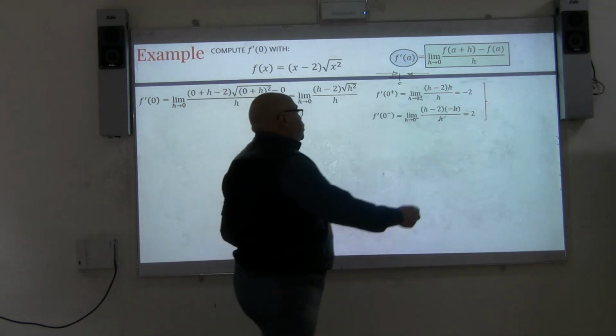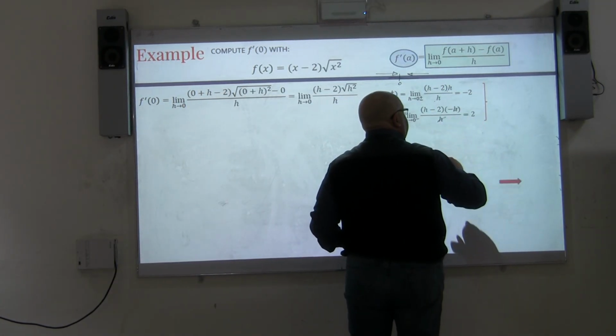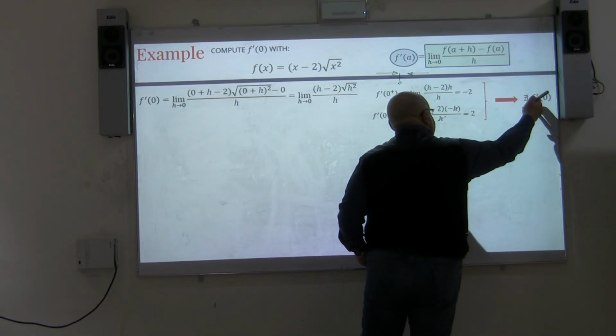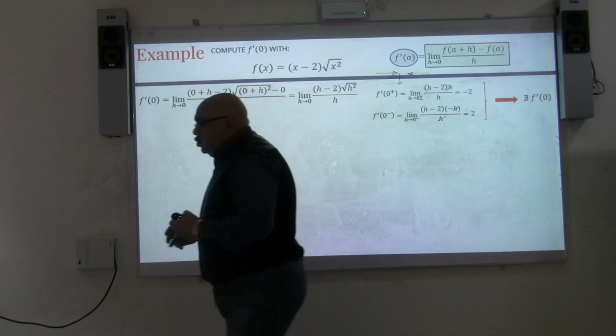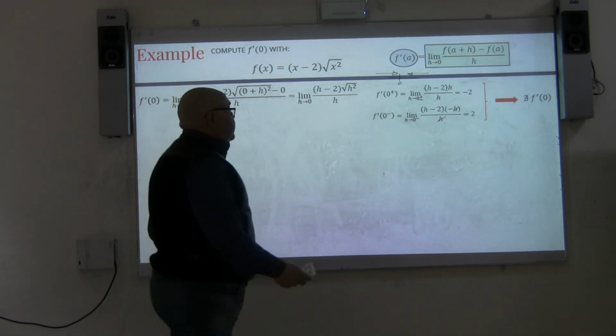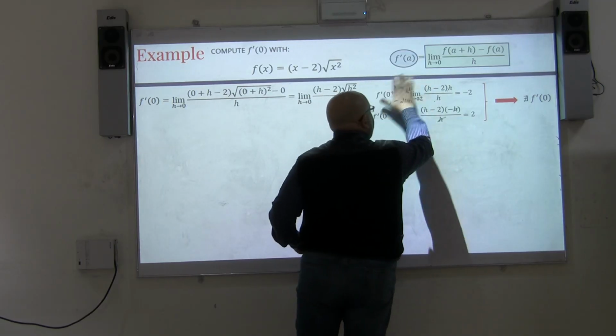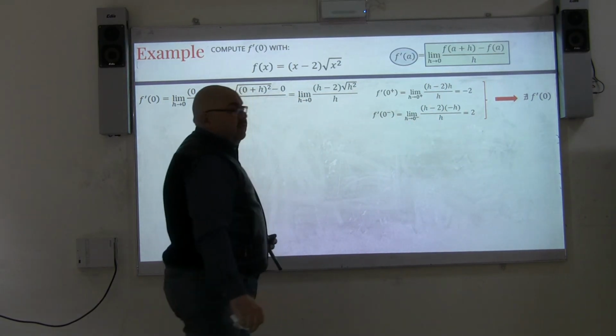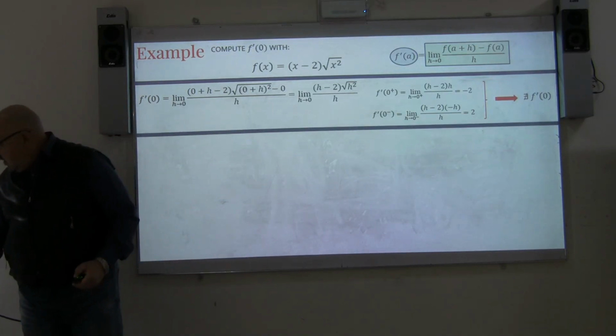So once these two limits are not equal to each other, this means that there is no value for the derivative at 0. That's usually a question you can find in exams, where you are asked to speculate on the value of a certain derivative and so on.